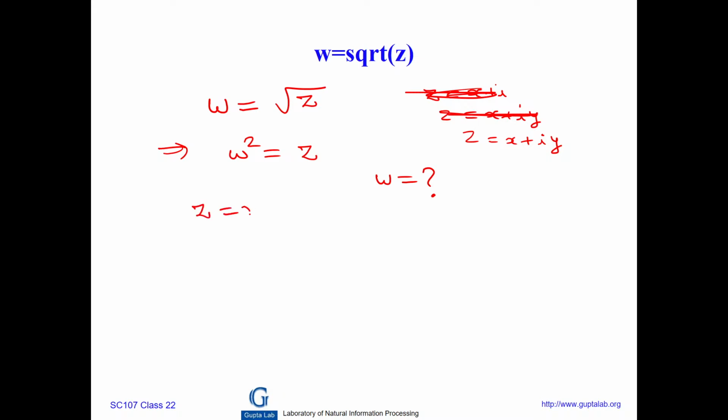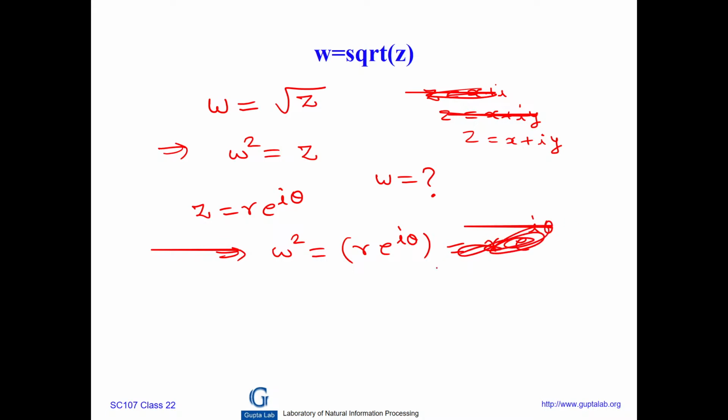Suppose z is equal to r e raised to power i theta, this implies that w square is equal to r e raised to power i theta. Correct? Now this can be written as r e raised to power i theta plus 2n pi i. Do you agree with this?